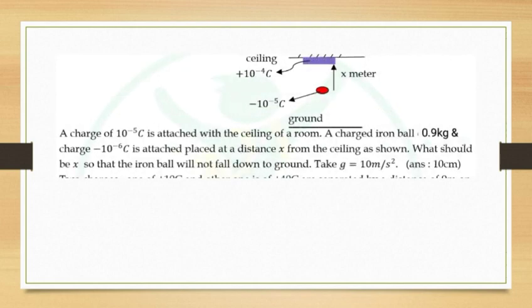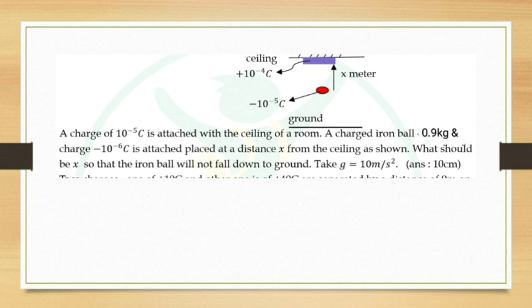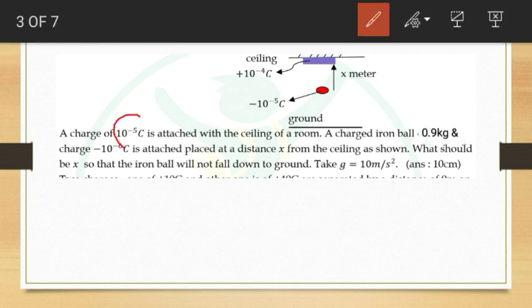So the next question is, a charge of minus 10 to the power minus 5 coulomb is attached to the ceiling of a room. Okay, there is a ceiling of a room. This is the ceiling, and this is a charge which has the magnitude of 10 to the power minus 5 coulomb, and it has already been attached to this ceiling.